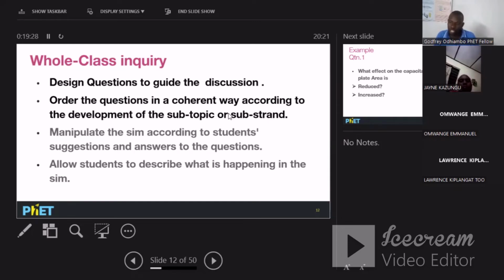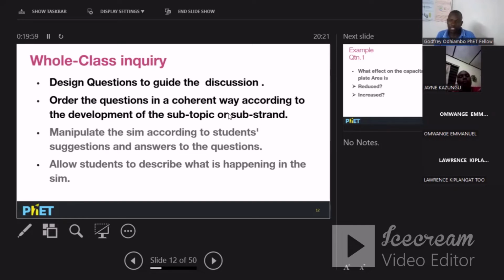It is the teacher who manipulates the sim according to students' suggestions and answers to questions. The teacher allows students to describe what is happening in the sim. In this case, the students are not given an opportunity to manipulate the simulation, so the amount of content learned may be limited.